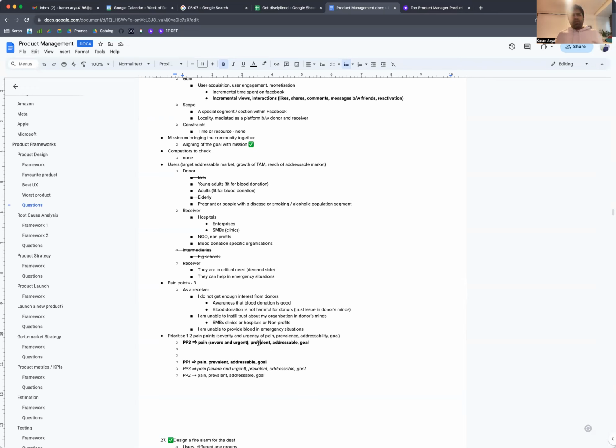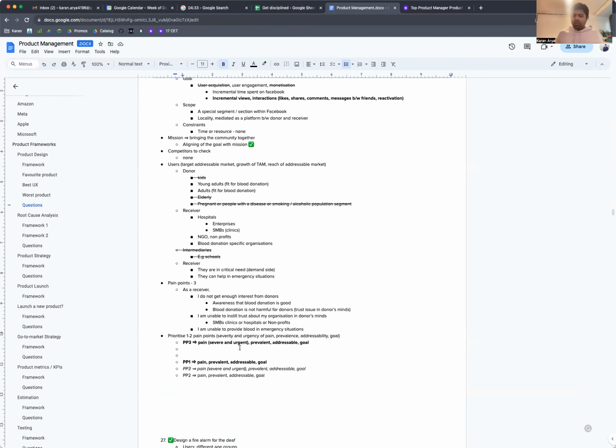It is going to be prevalent because there are many people who are in need of blood, and there are definitely many use cases where people hunt for help when it comes to getting blood. So it is addressable, it is time sensitive, the pain is really high.